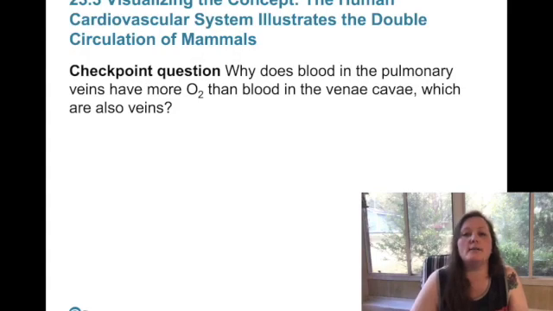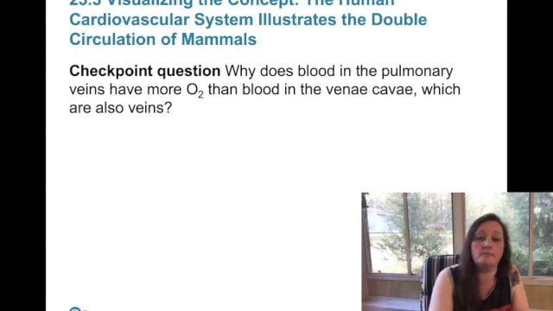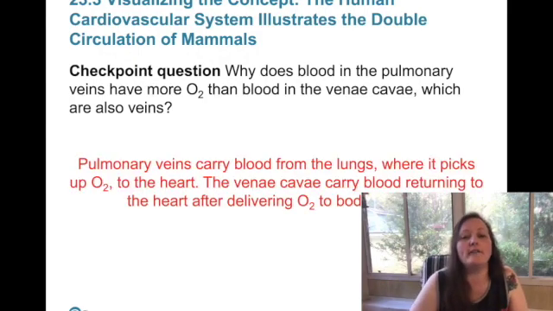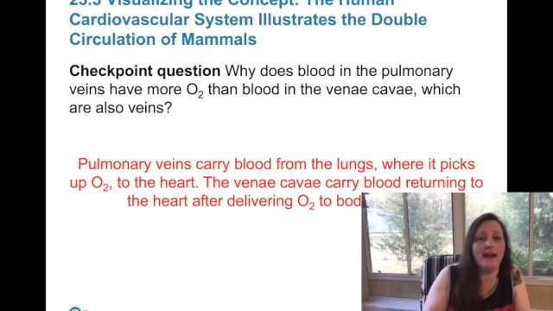So why does blood in the pulmonary veins have more oxygen than the blood in the vena cava, which are also veins? Pulmonary veins carry blood from the lungs, where it picks up the oxygen, to the heart. The vena cava is carrying blood returning to the heart after delivering the oxygen to body tissues. So again, arteries away, veins towards.